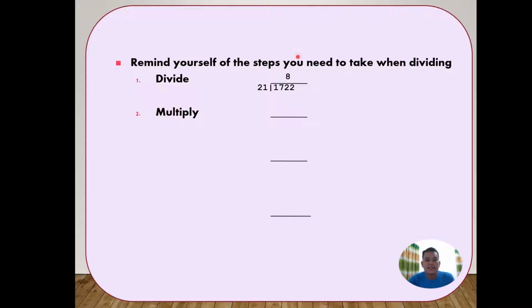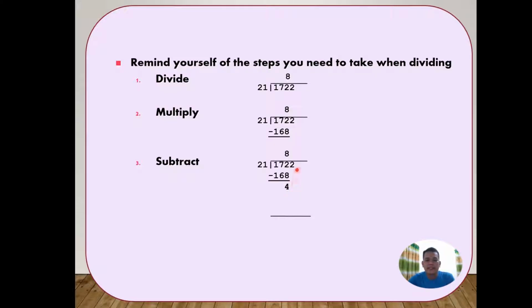It's 8 times 21. How much is 8 times 21? The answer is 168. Then the next step is subtract. So you see here, we subtract 172 minus 168, that is equal to 4.